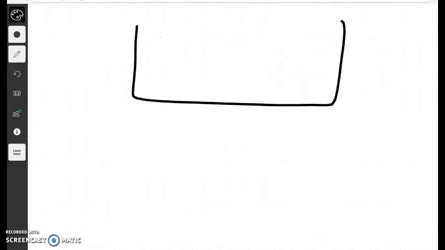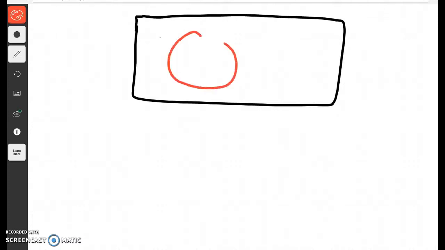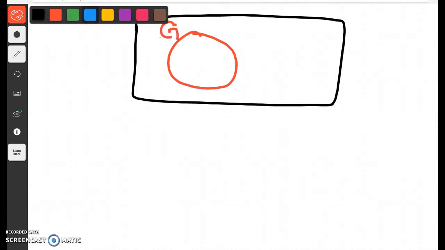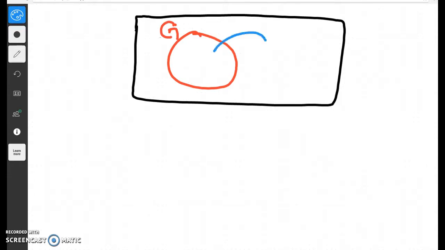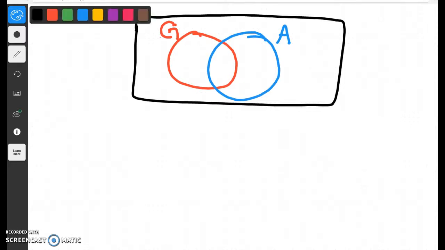Let me write it really, really big. So this is girls, and I'm going to choose blue for A students, because those are the two events that I'm looking at. Okay, this is my sample space.